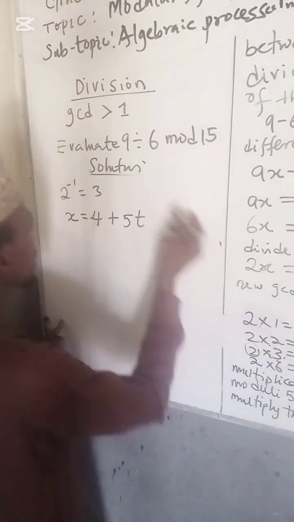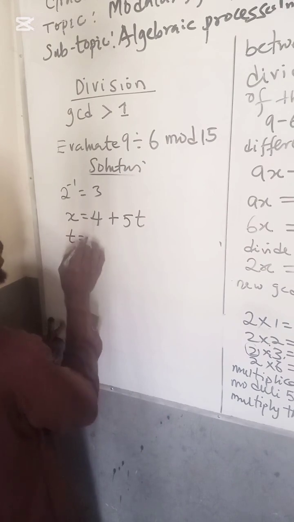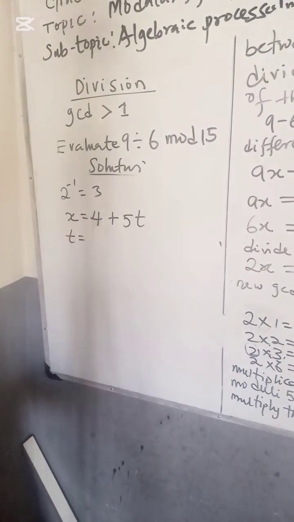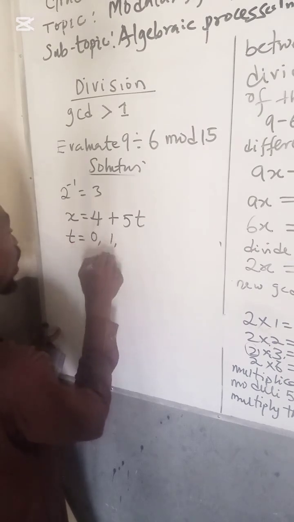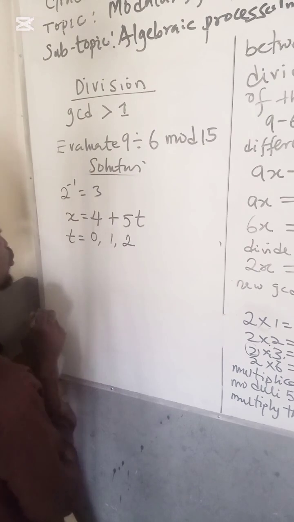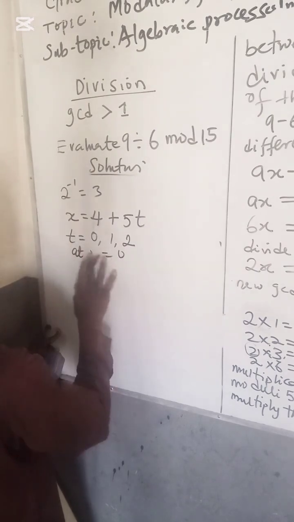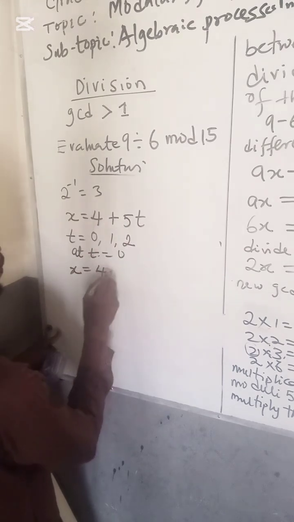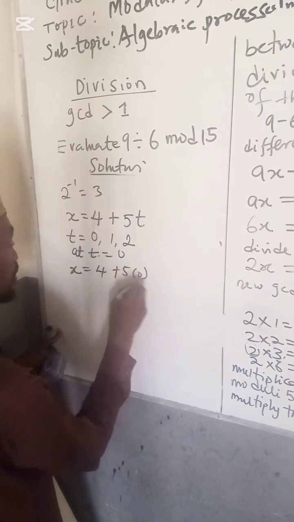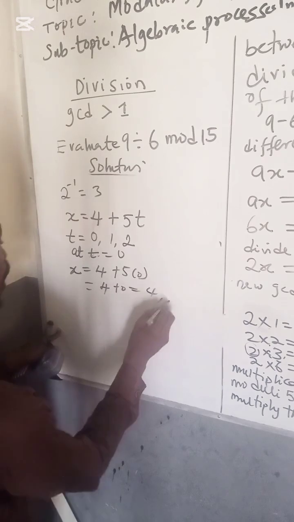Remember, our GCD from the question shows a value of 3, which means the solutions are 3 in number, and in modular arithmetic, you start counting from 0. So we have t at 0, 1, and 2. At t equal to 0, x will be equal to 4 plus 5 times 0, which is 4.